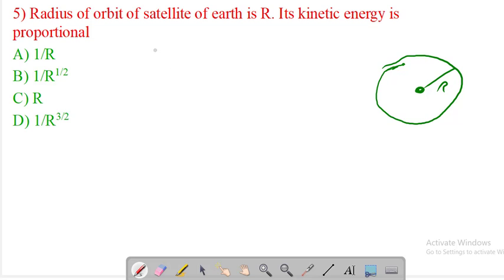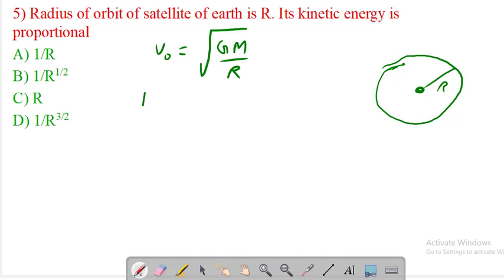So remember students, when a satellite is orbiting around Earth, the orbital velocity V0 is given by under root gM upon r. Please don't get confused with the case of escape velocity, where we write under root 2gM upon r. Here it is gM upon r. So this is V0.